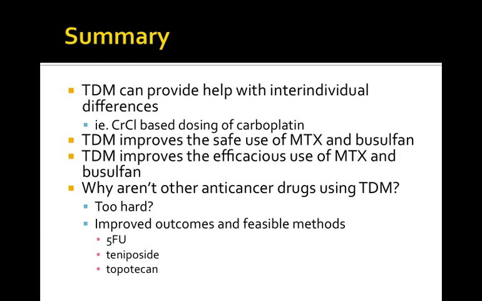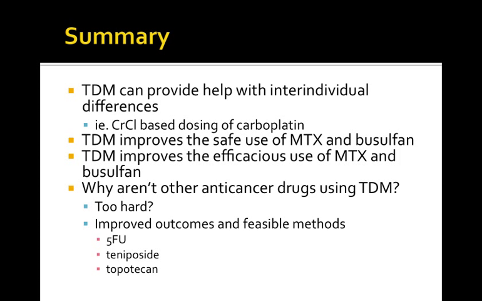Maybe he already has. All right, in summary, we know that therapeutic drug monitoring can help provide individual dosing for some drugs, which will help improve efficacy and toxicity in treating cancer. We know that we do give creatinine clearance-based dosing of some drugs like carboplatin.